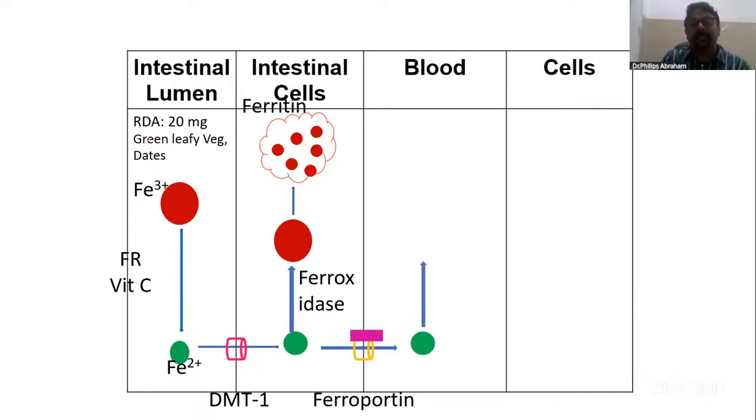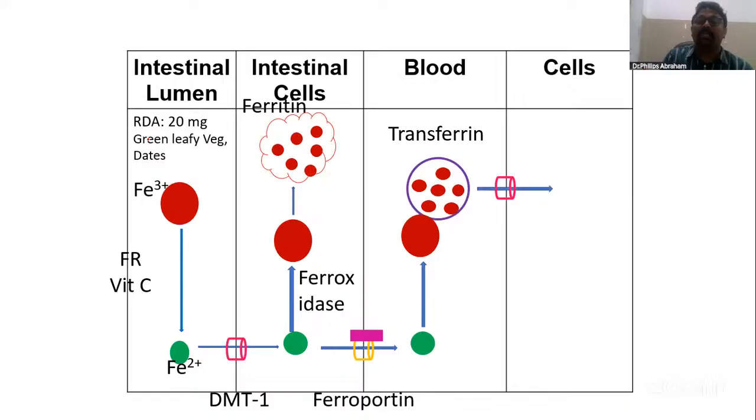There it again becomes ferric, binds with transferrin, and goes to the cell. There is a transferrin receptor, it binds there, so that it will be stored in cells. The storage form is ferritin, and the transport form is transferrin. Two transporters: DMT1 and ferroportin.